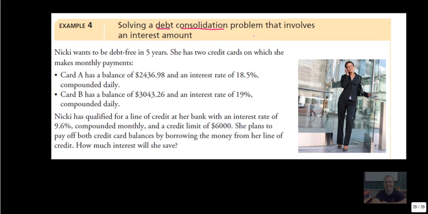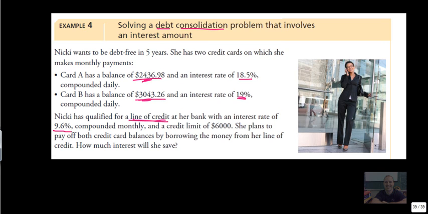And lots of times, if you have a situation where you can put debts from different credit cards, if you want to use a line of credit or something like that to pay those off, you can get a lower interest rate a lot of times if you have that line of credit available. So in this case, this girl here, Nikki, she's paying 18.5% on $2,400 and 19% on $3,000, and she wants to use her line of credit.